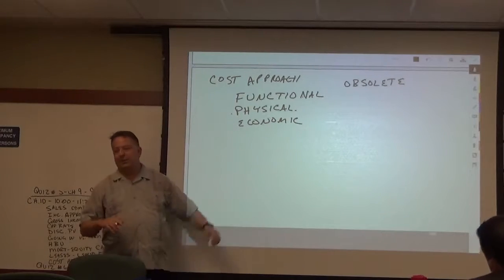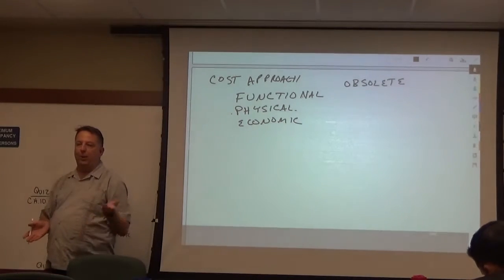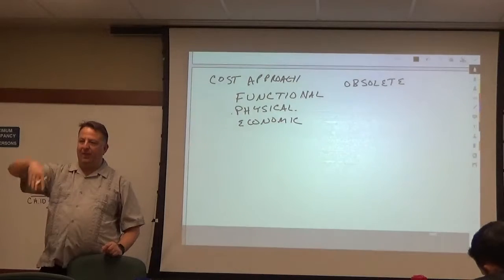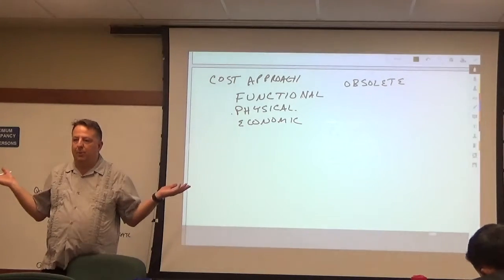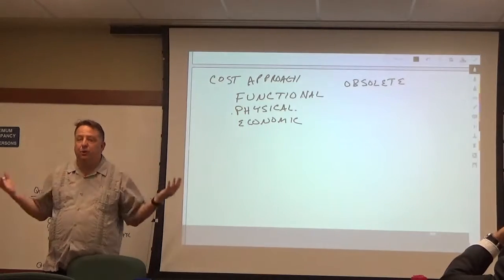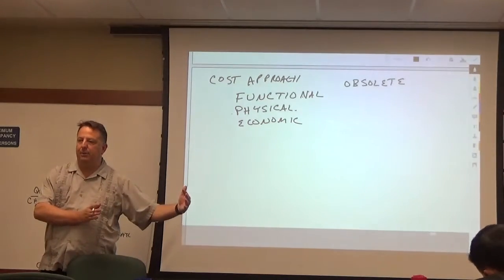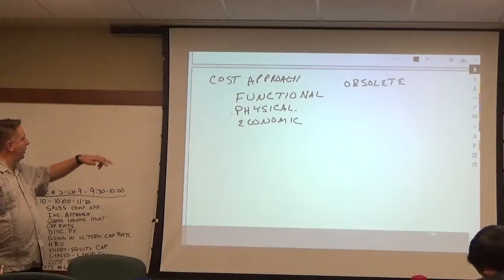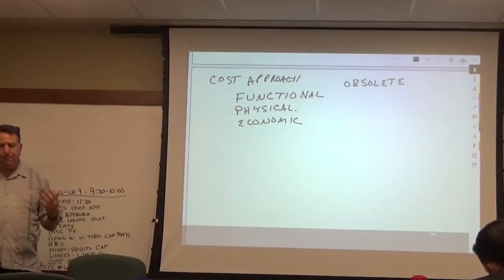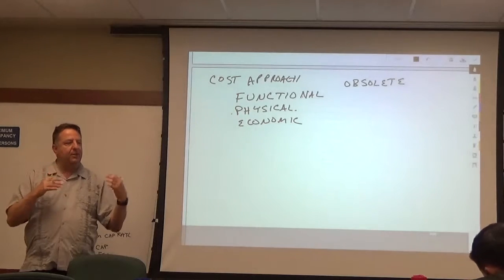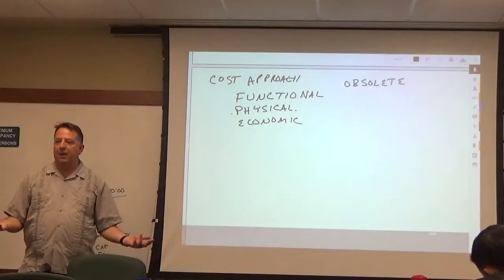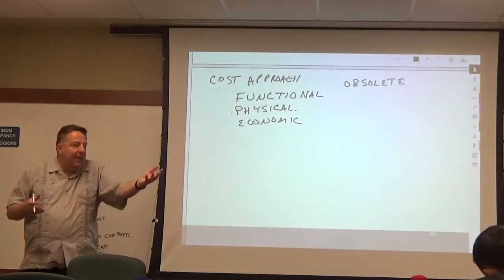Functional means, kind of like what I was describing earlier with the industrial space, that you've got different dock heights that make it no longer usable or functional for today's trucks. Physical is deterioration, in the sense that over time it has aged.